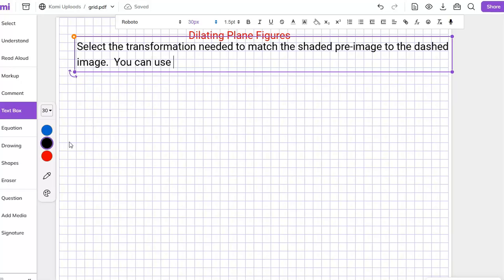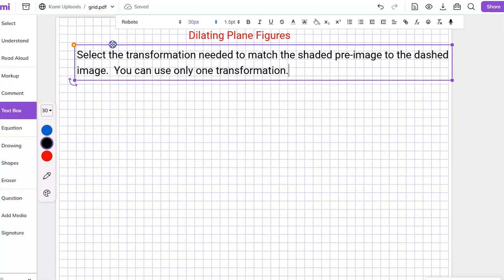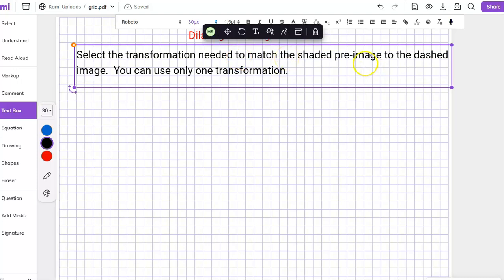You can use only one transformation. Okay, I'm going to move this down a hair. And then I am going to put it in a box in just a minute.